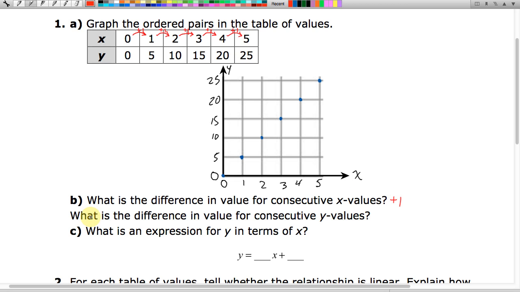Now the next question is, what is the difference in value for consecutive y values? So I'll use a different color for this. So I'll use green. So going from 0 to 5, the change here is we are increasing by 5. And going from 5 to 10, this is another increase by 5. And so on.